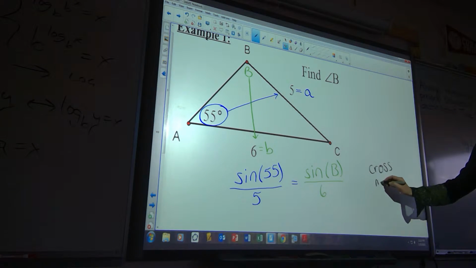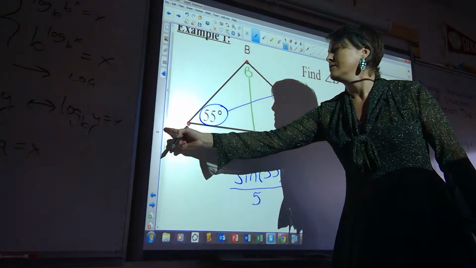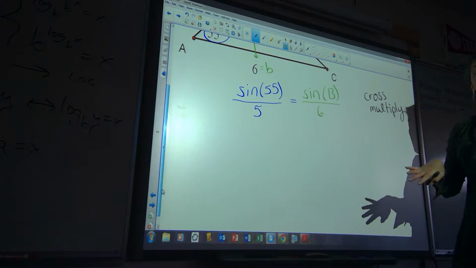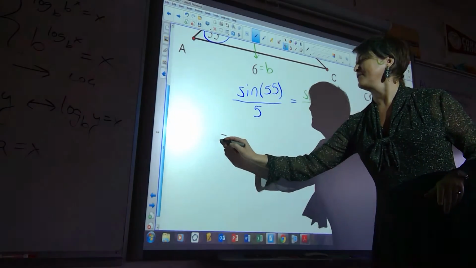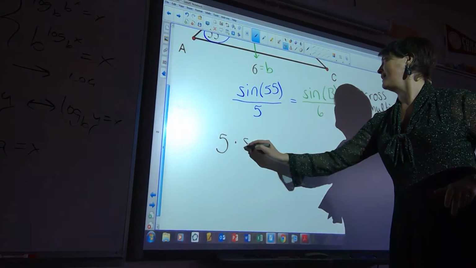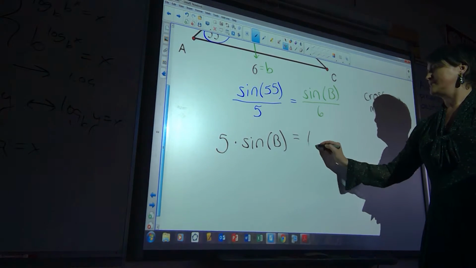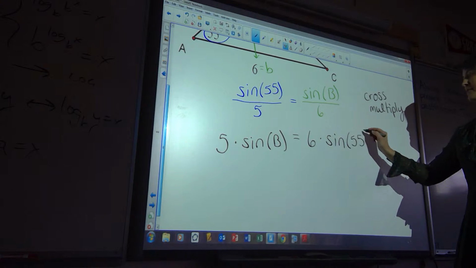So I would start by cross multiplying. And I'm going to wait to grab my calculator and try to do this all in one step. I'll show you what I mean. If I do this diagonal, I would have 5 multiplied by sine of b. That will equal 6 multiplied by sine of 55.